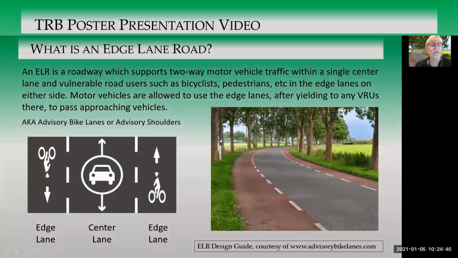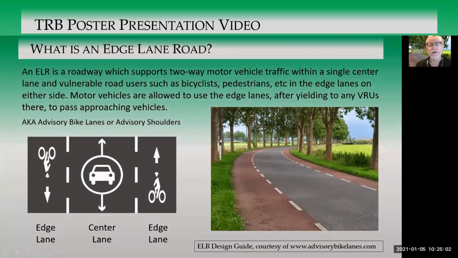Hello, everybody, and welcome to my poster presentation on the safety performance of edge lane roads. For those of you who aren't aware, an edge lane road is a roadway that supports two-way motor vehicle traffic within a single center lane and vulnerable road users like cyclists and pedestrians in the edge lanes on either side.